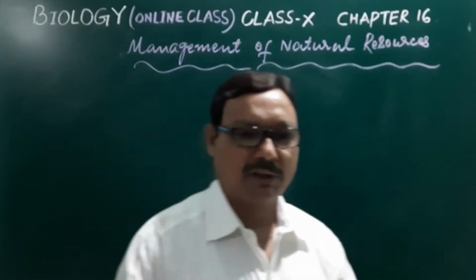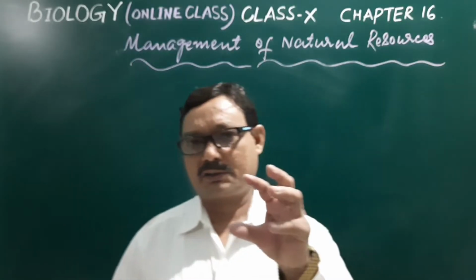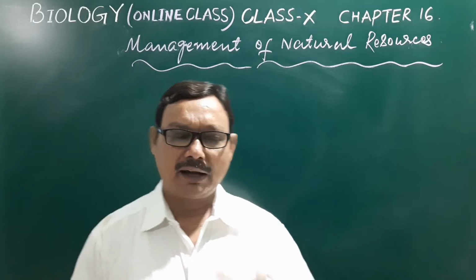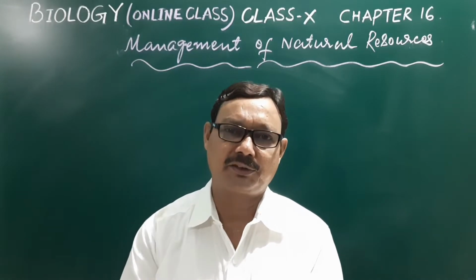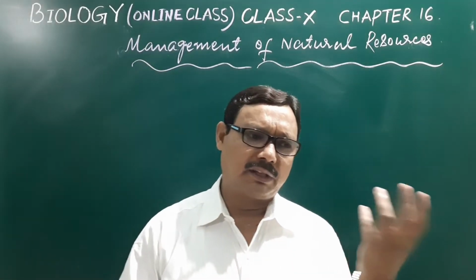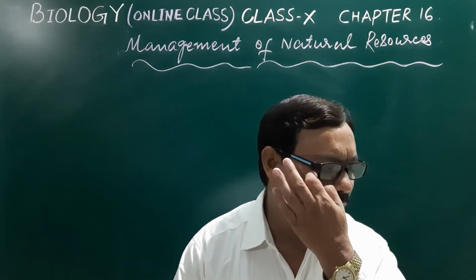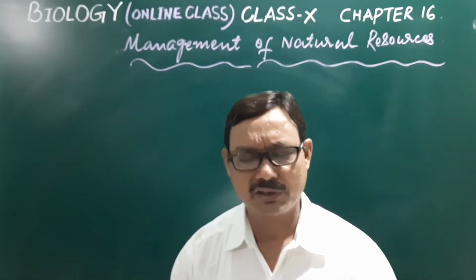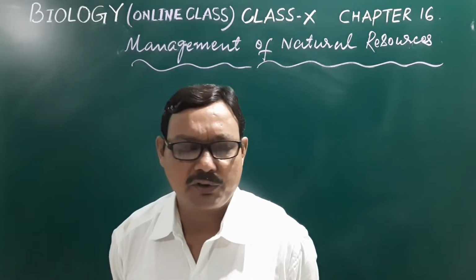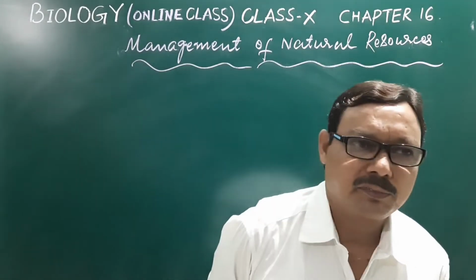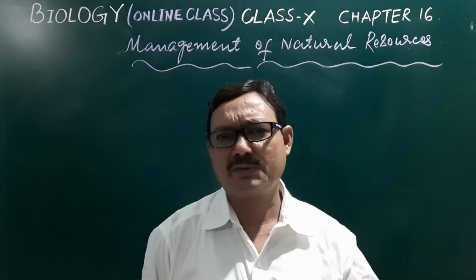In that chapter, we have seen the different factors and component parts of the environment which interact with each other, and how the ecosystem has formed, the different types of food chain, like the food chain itself and the food web, the complicated networking of the food chain, the ecological pyramid, the energy flow, a lot of things we have discussed.